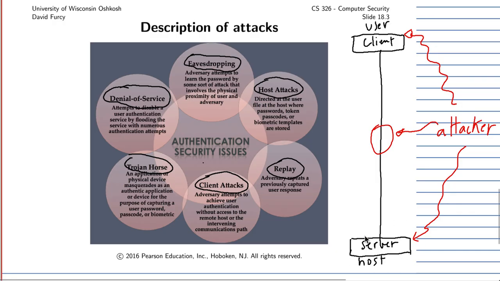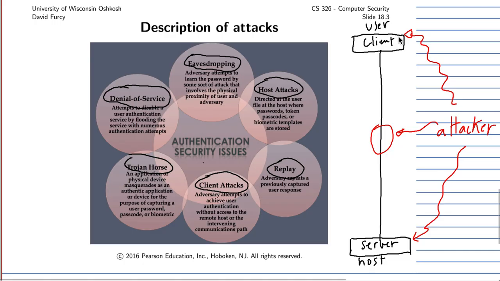So this would be an attack that would target the entire server and that would disable it for all possible users. Or another denial of service type of attack would be the attacker targeting a specific user and basically impersonating the user and trying to authenticate themselves by, say, randomly trying many possible passwords to the point where so many attempts have been made in a short amount of time that the server detects a potential attack and just locks out the user altogether, who is now not able to authenticate themselves at all.